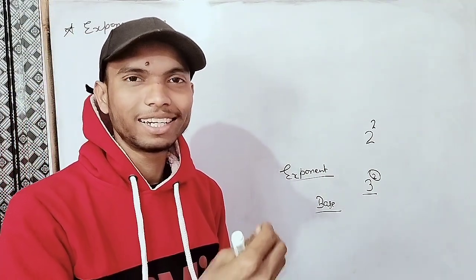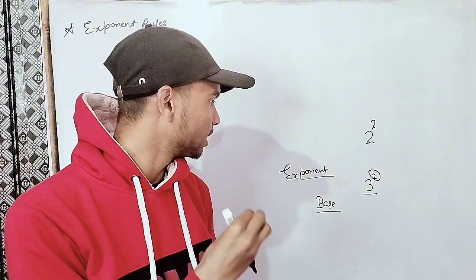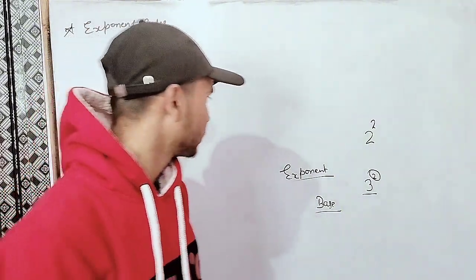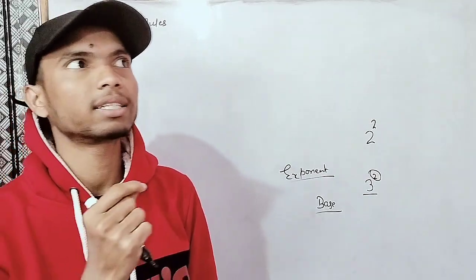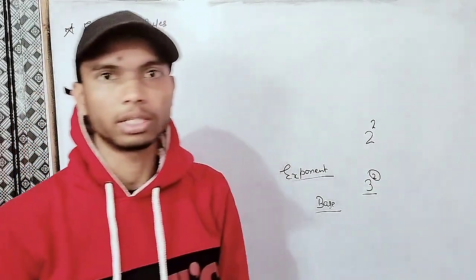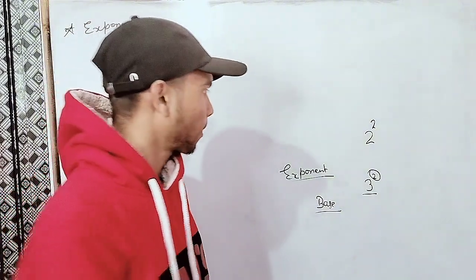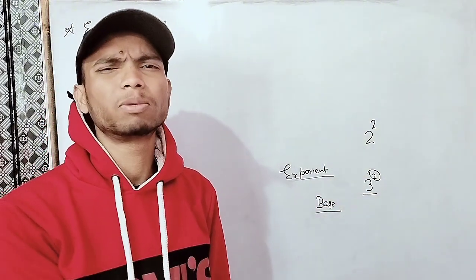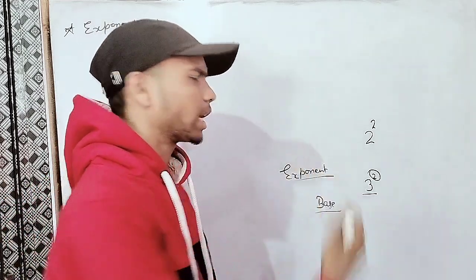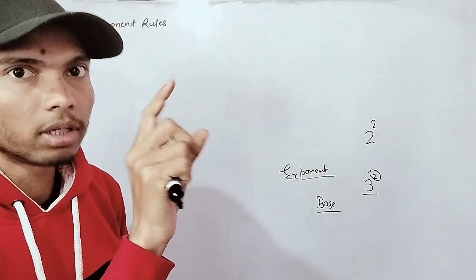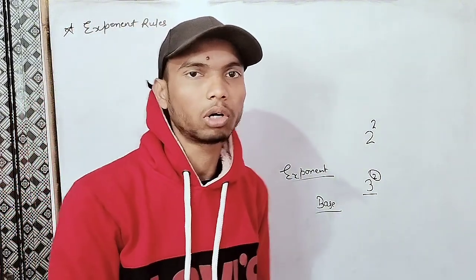In place of exponent we can say power. Power is also a definition of this digit. So you have to remember that whatever is downward is known as the base, and the exponent is whatever is written upward to the number downward.